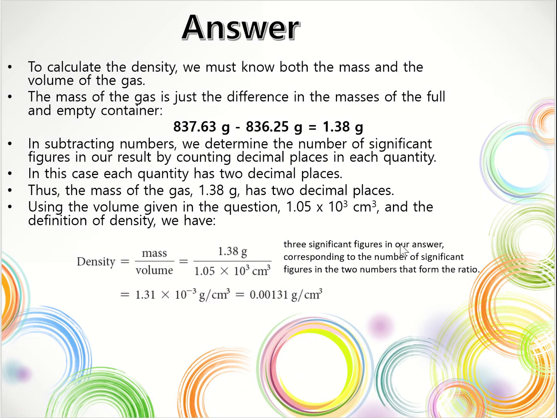The reason is that it corresponds to the number of significant figures in the two numbers here, right? So 1, 2, 3 sig fig, 1, 2, 3 sig fig. So our answer also has 1, 2, 3 significant figures. We could write it either this way or that way. Either way, three significant figures.